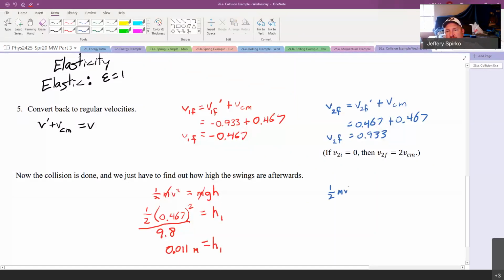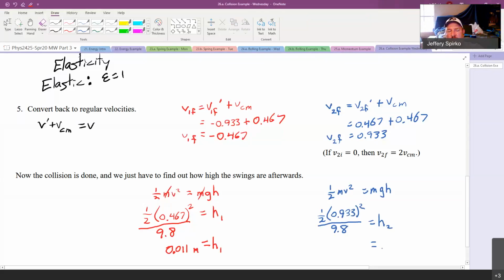Do the same for object 2. 1/2 mv squared equals mgh. And for object 2, we have 1/2 times 0.933 squared over 9.8.